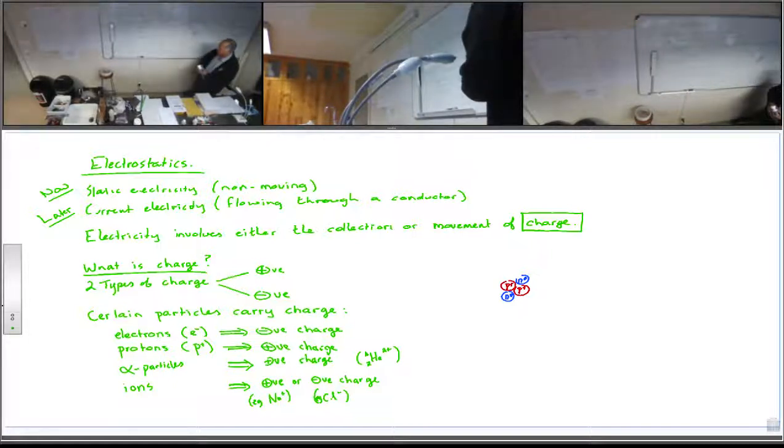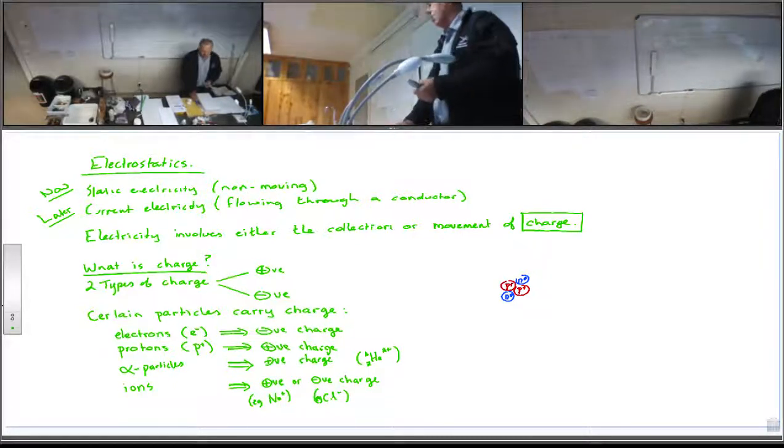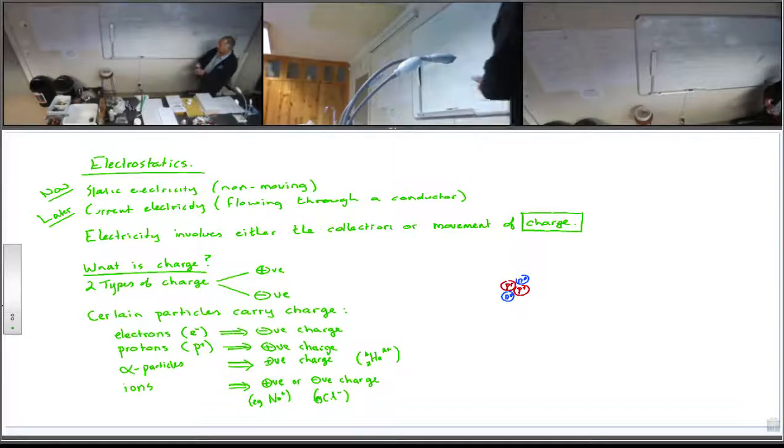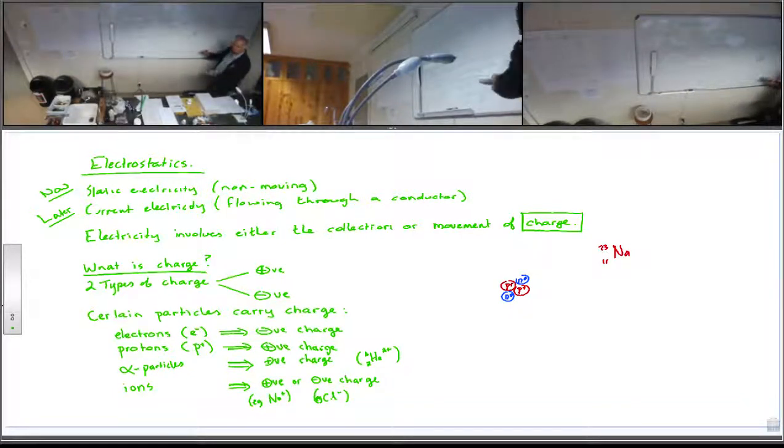Okay? If we look at a sodium positive, what does sodium positive contain? Well, it contains how many protons? Sodium is Na 11 23. So how many protons? 11 P positives. How many neutrons? 12 neutron neutrals.